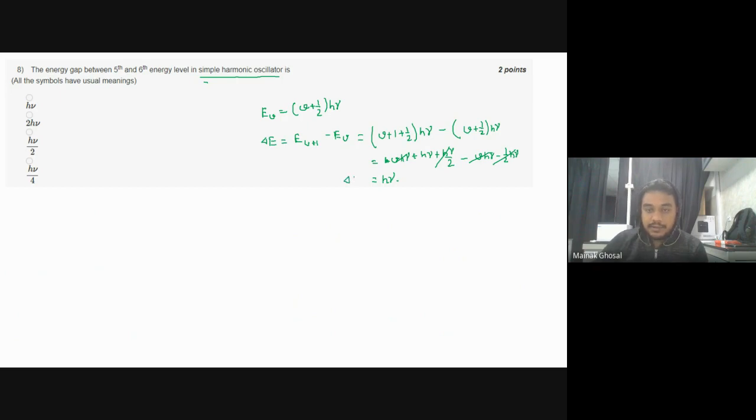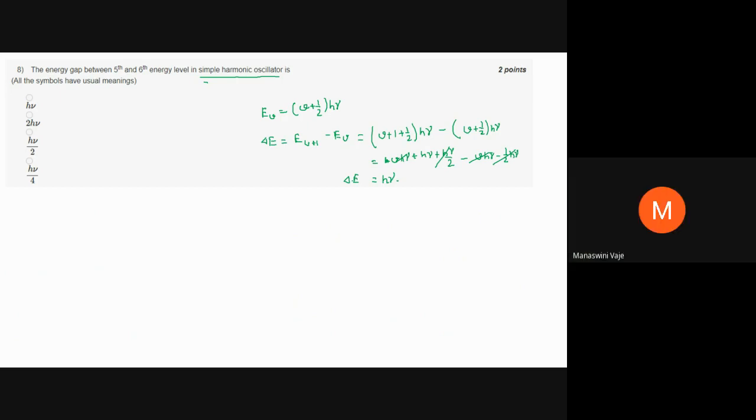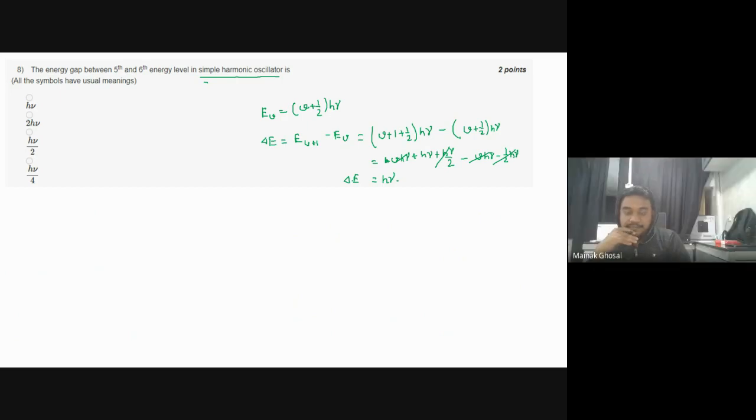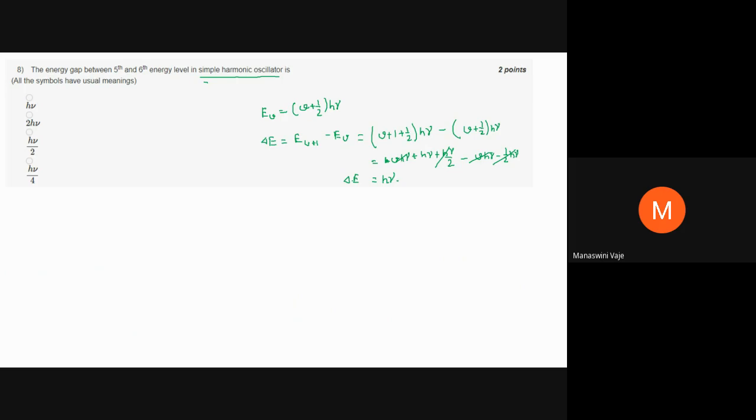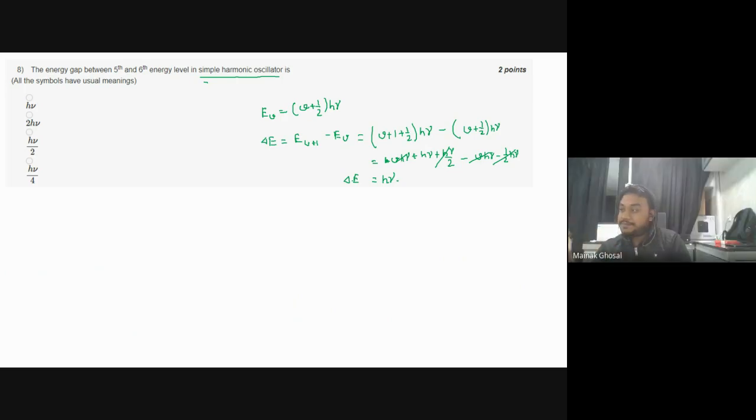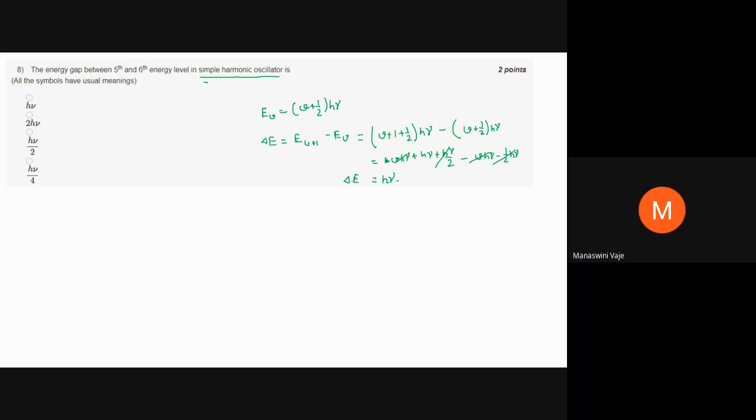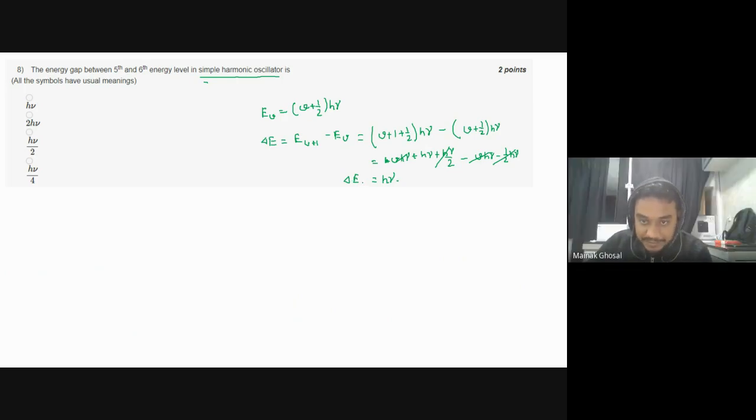So now can you tell me what should be the energy difference between fifth and sixth energy level? Half h nu? Why? I've said to you that the energy difference between two states is h nu.